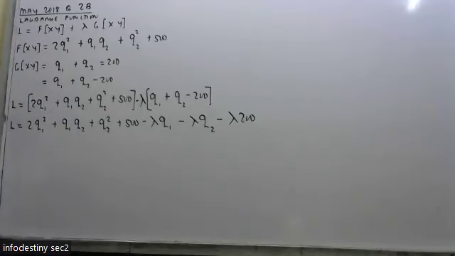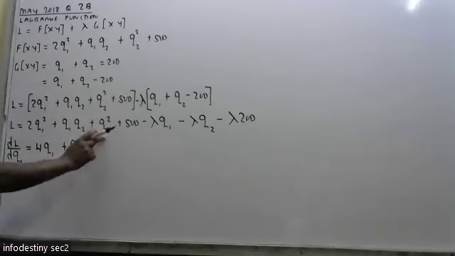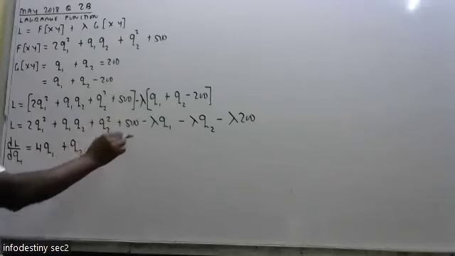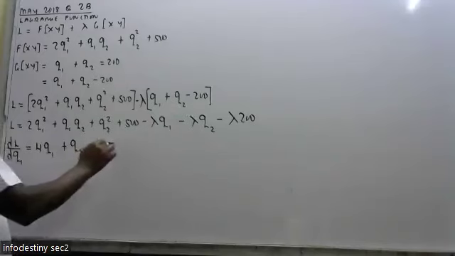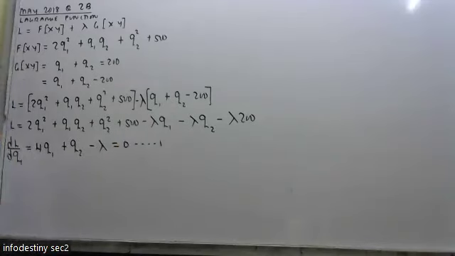So we now differentiate. The differential of our Lagrange function with respect to Q1 becomes 4Q1 plus Q2 minus lambda equals 0, and you call it equation number 1.